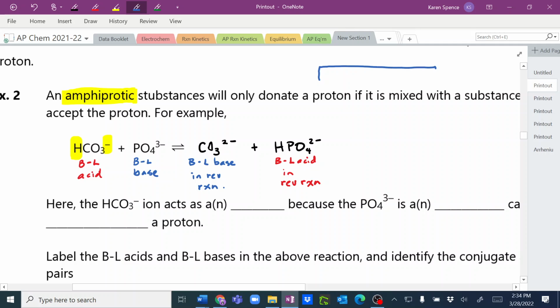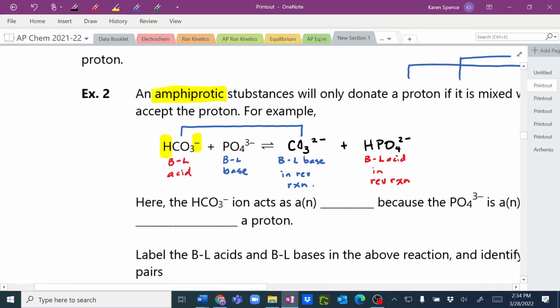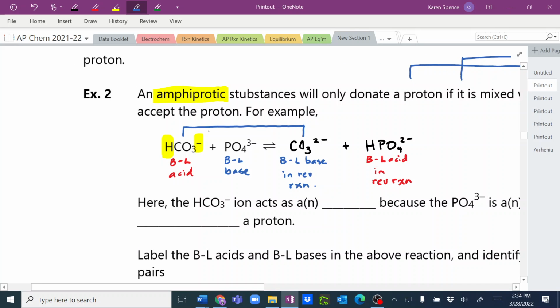We're gonna attach one member of the conjugate pair to the other with a little bracket like that, and we'll attach the other one with a little bracket like that, okay? Who would I attach HCO3 to? Who is its conjugate pair? CO3 2 minus. That is a conjugate acid-base pair. Conj for conjugate, AB for acid-base pair.